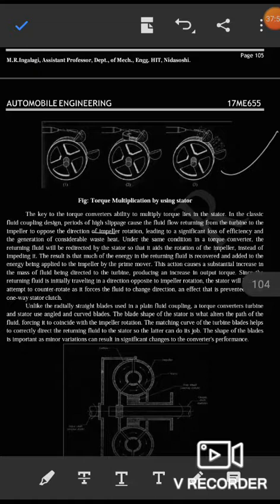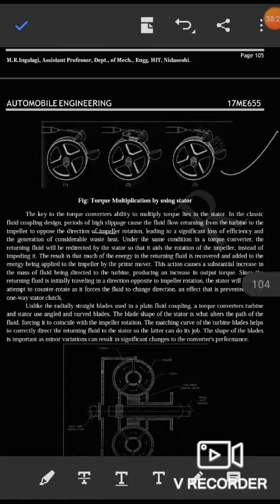The key to the torque converter's ability to multiply torque lies in the stator. In the classic fluid coupling design, periods of high slippage cause the fluid flow returning from the turbine to the impeller to oppose the direction of impeller rotation, leading to a significant loss of efficiency and the generation of considerable waste heat.